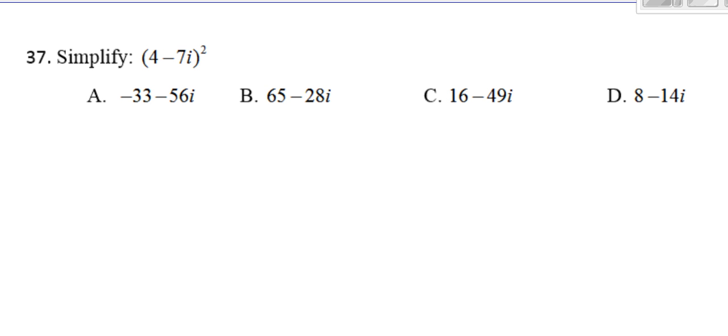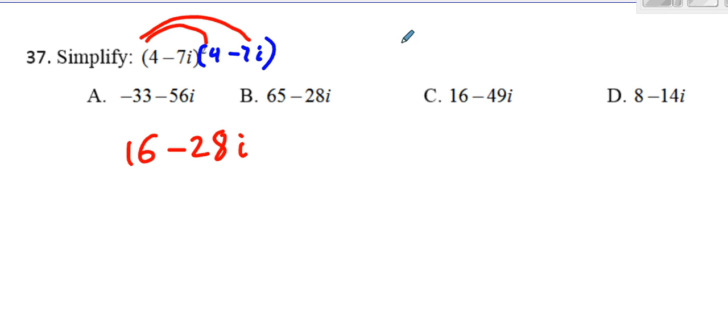So whenever you have parentheses to an exponent, especially squared, you write it out both times and then multiply by FOILing. So 4 times 4. Then 4 times negative 7i. And then the negative 7 times 4.